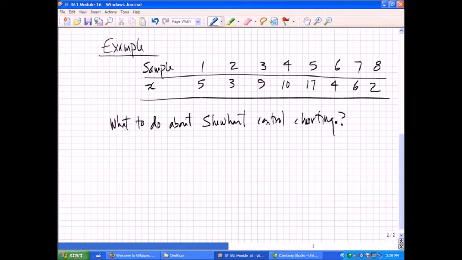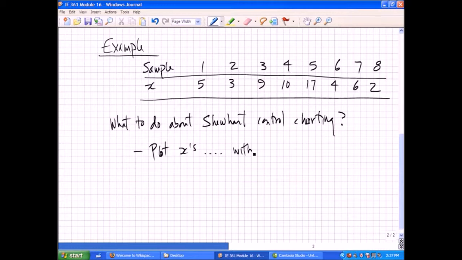Well, the most obvious thing to do is to plot the x's. That is, I can go ahead and plot the 5, the 3, the 9, the 10, the 17, the 4, and the 6. How should I think about control limits for those x's?